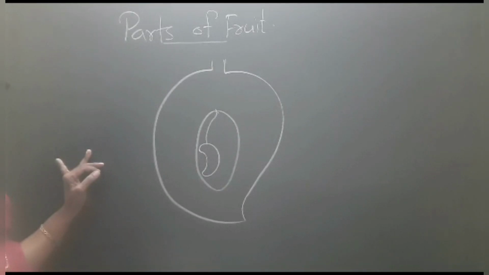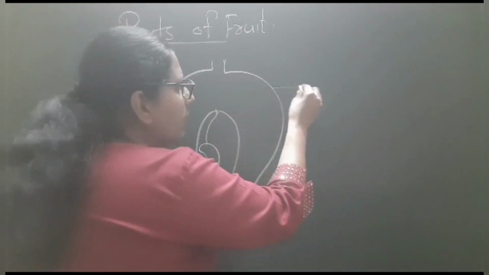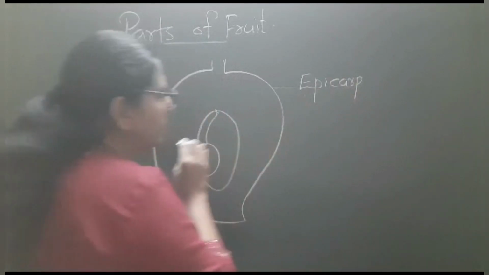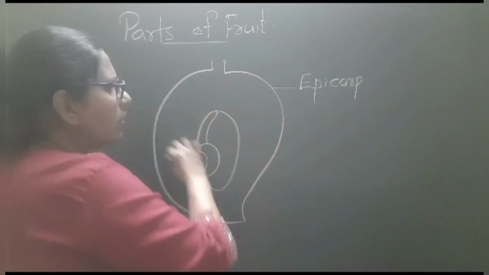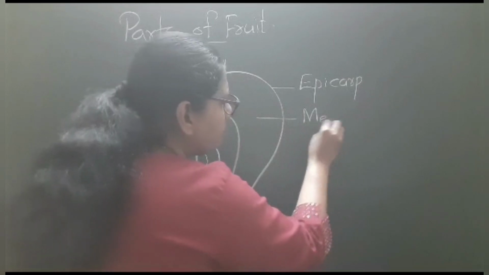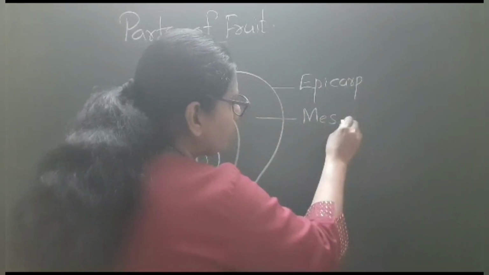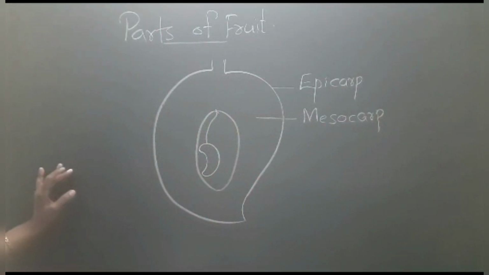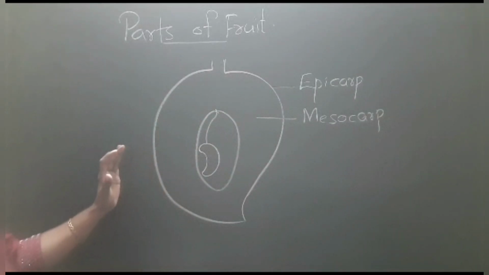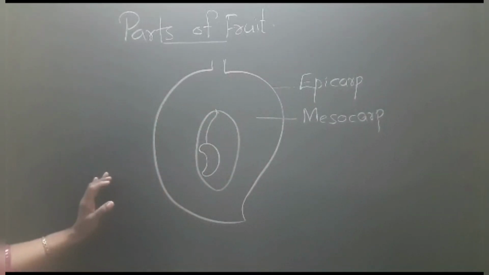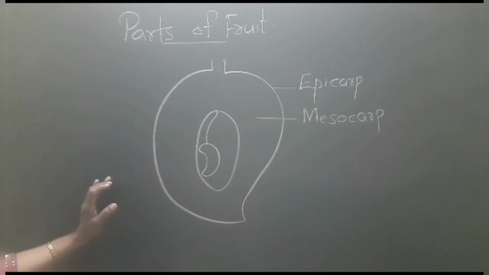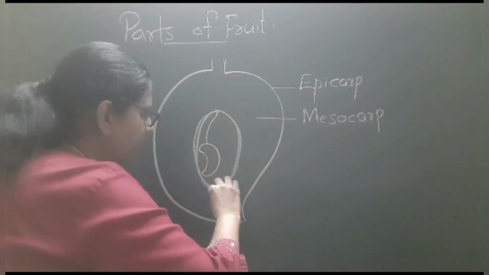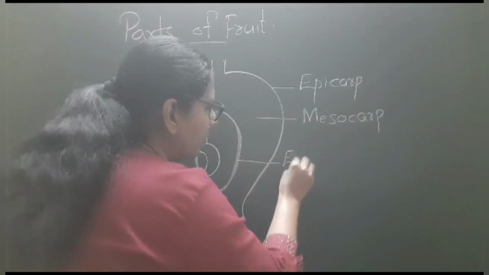The outermost layer is called epicarp. Then the fleshy part is called mesocarp, and then this inner layer is called endocarp.